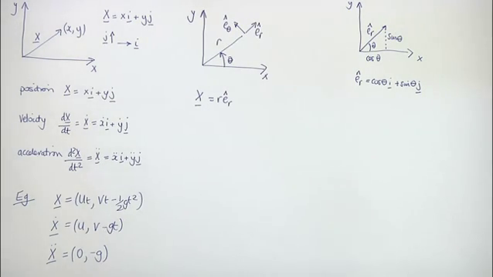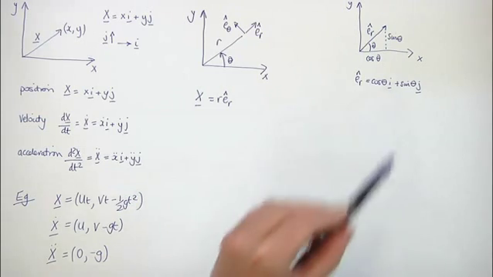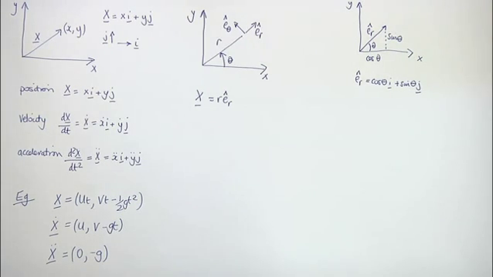Now we work out how it changes in time. But our position vector is not a function of time, it's a function of theta. Now we need to use the chain rule. Differentiating with respect to time is the same as differentiating with respect to theta and then multiplying by d theta by dt, or theta dot.